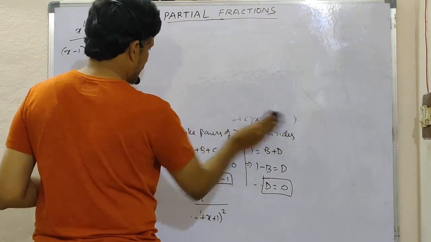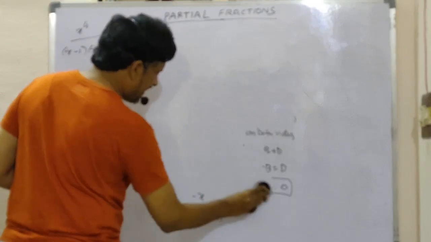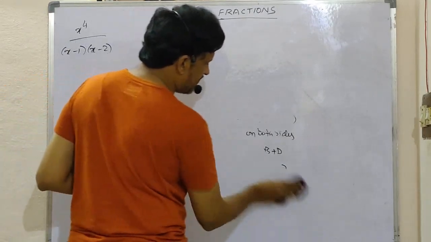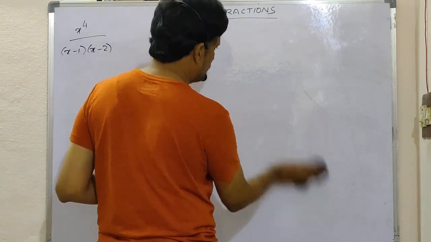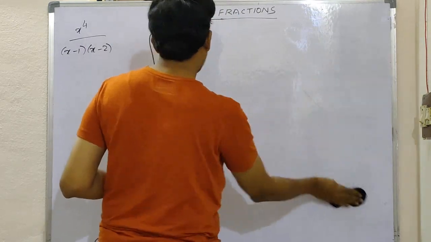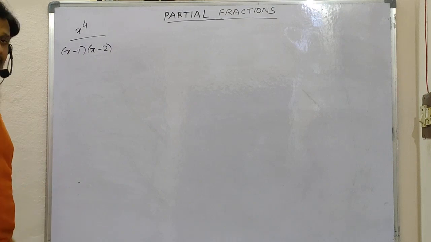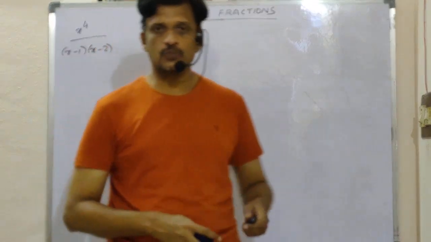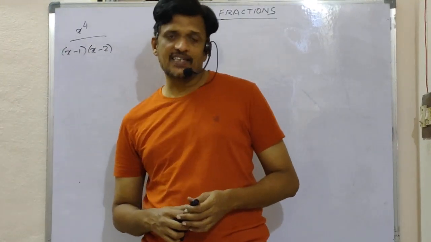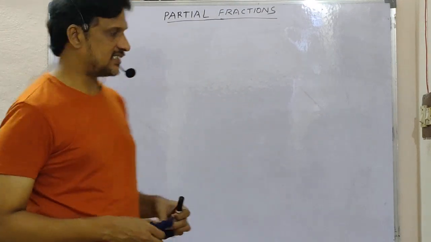x power 4 by x minus 1 into x minus 2 is the given one. Okay. Here the given one is x power 4 by x minus 1 into x minus 2. Write this given fraction as the sum of the partial fractions.